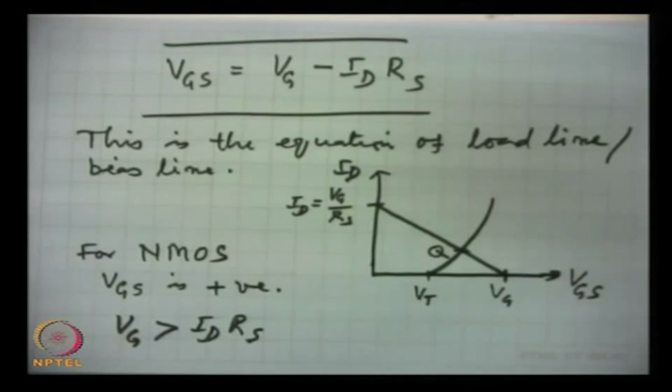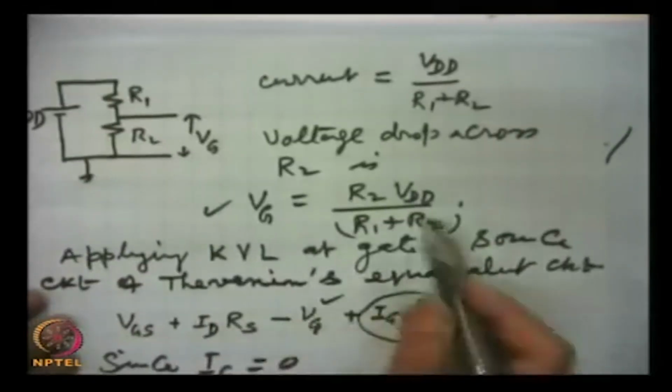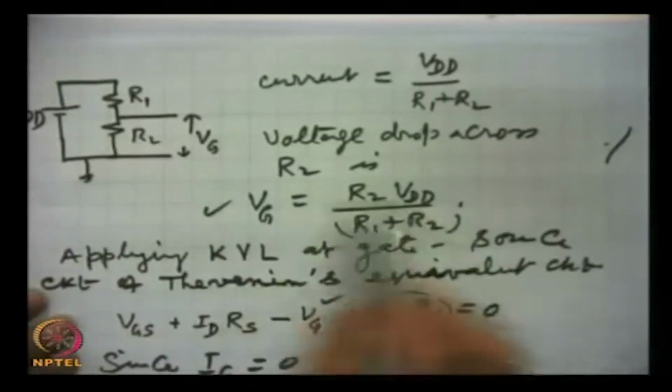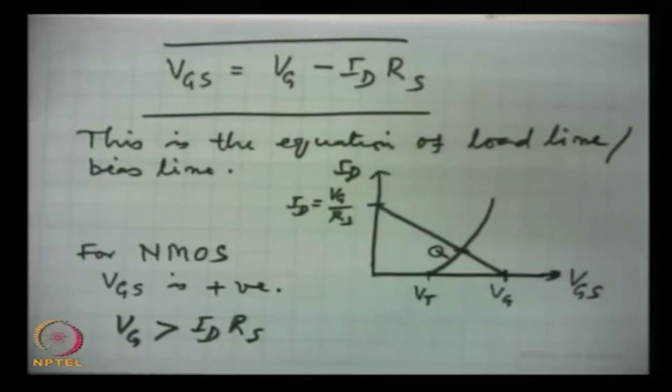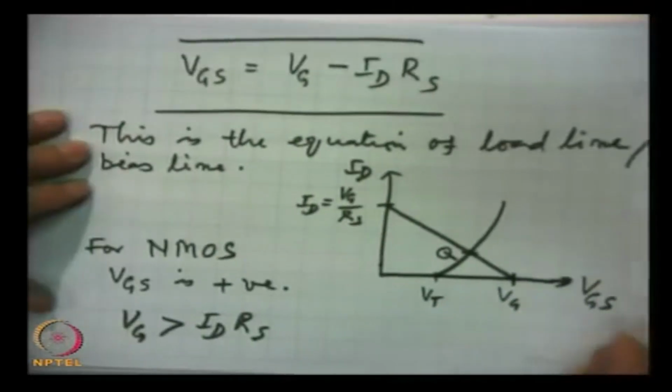We substitute here the value of Vg, which is in this equation, and let us see what we get.